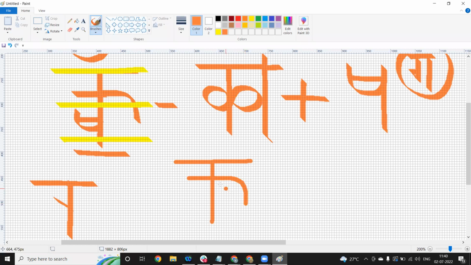And when you are drawing this particular shape on the right hand side, make sure to keep it a little wider here, like this. Then we have shur here.